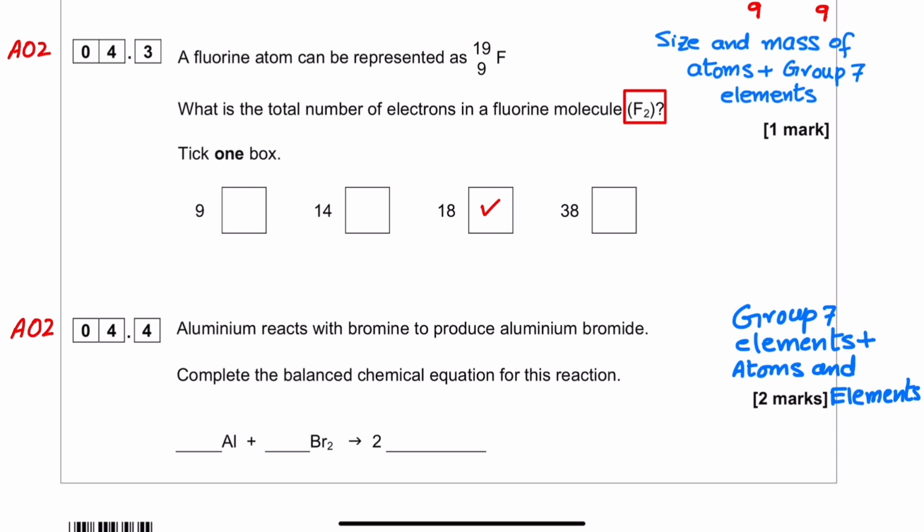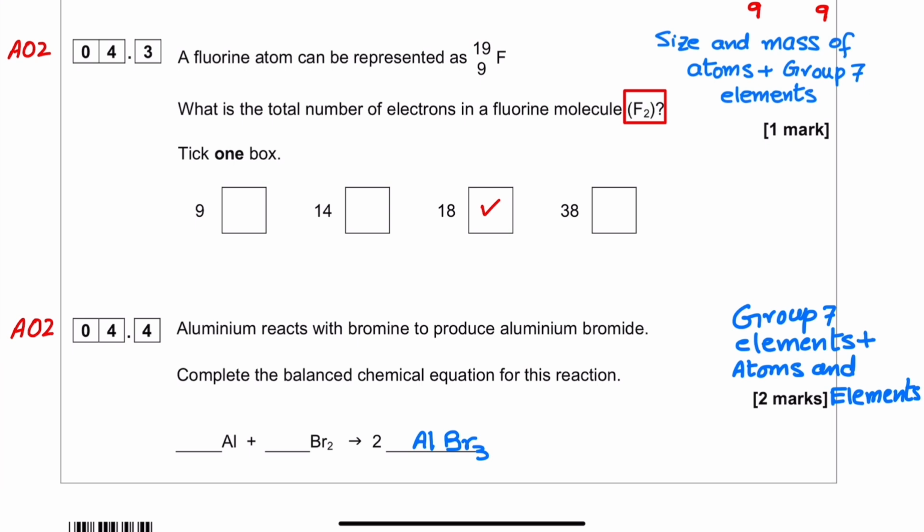So the formula for aluminium bromide is AlBr3, and the student will get 1 mark for writing the formula. If you look here in our chemical reaction, these two belong to both aluminium and bromine.